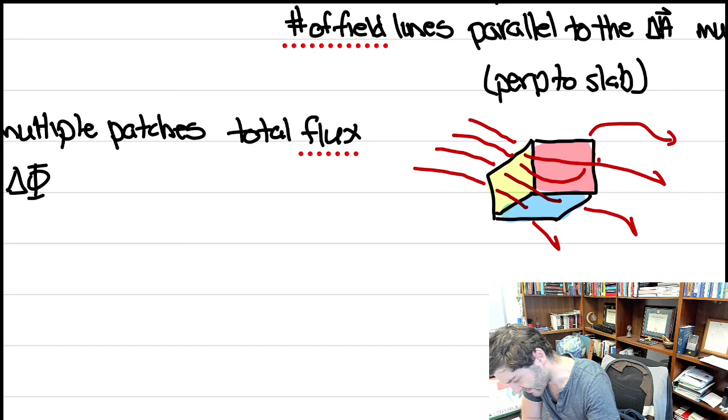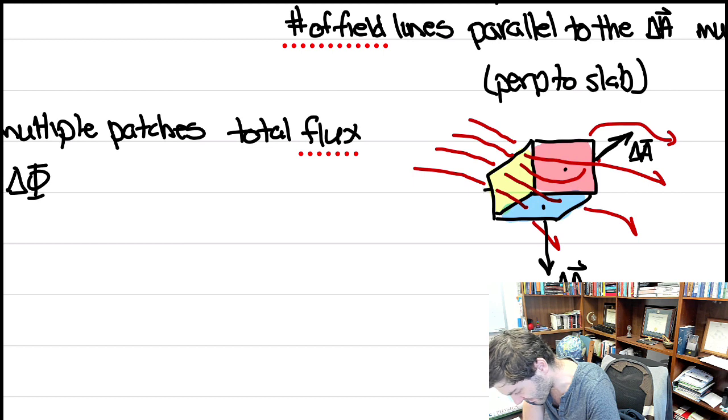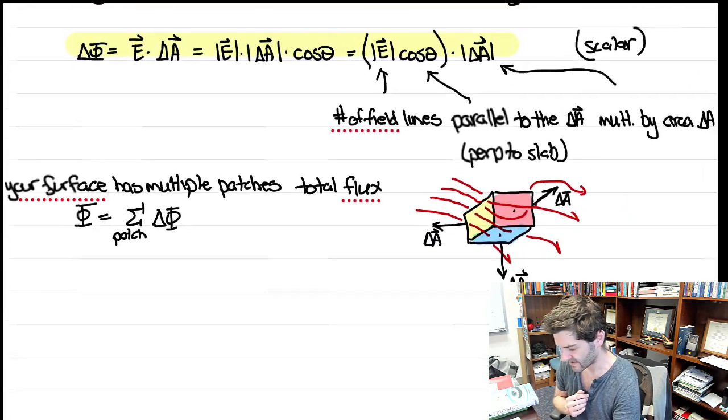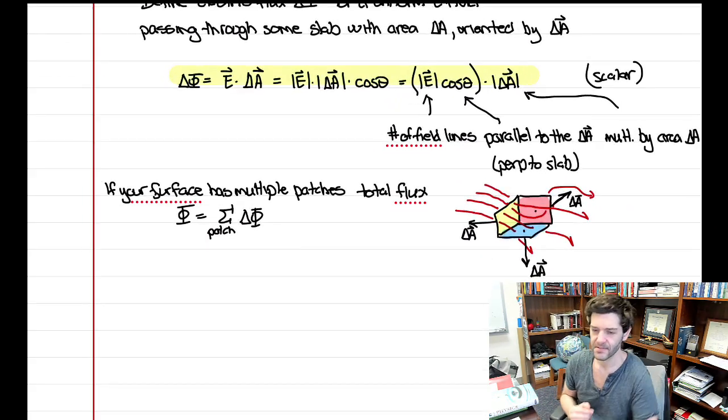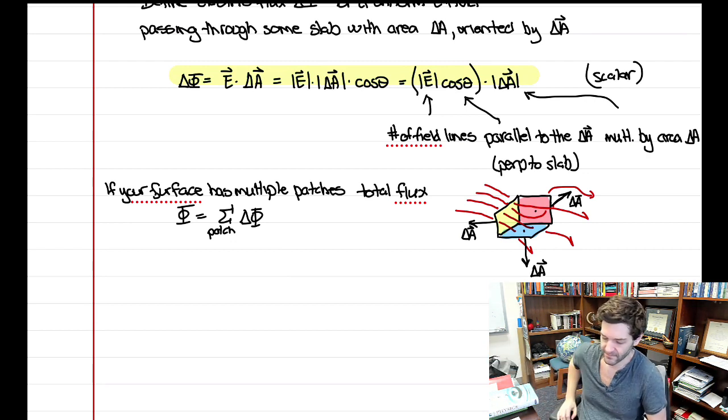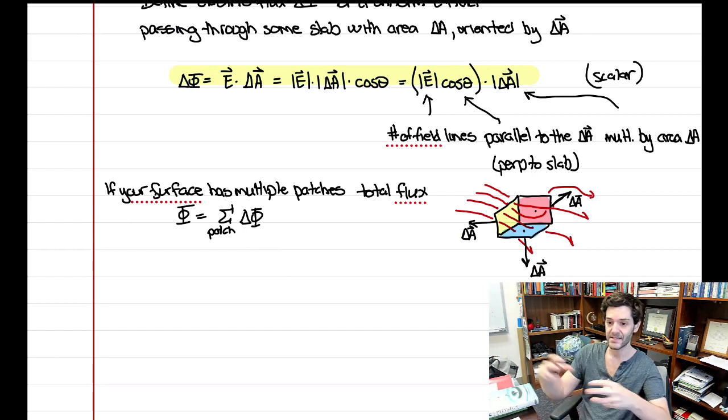So in this case, for the bottom surface, you might have a vector here, that's that delta A. For the red surface, there might be a vector that points out from the center. That's that delta A. And then for the green surface, there might be a vector that points that way. That's delta A. The convention is that for a closed surface, the delta A's always point away from the inside, from the inside out.